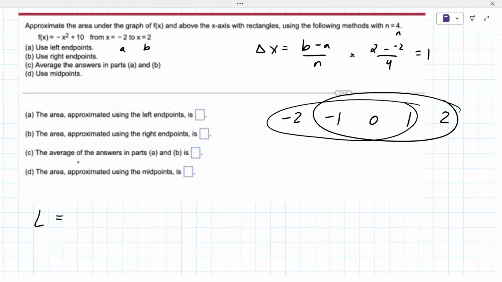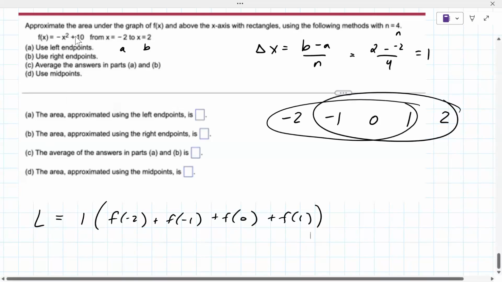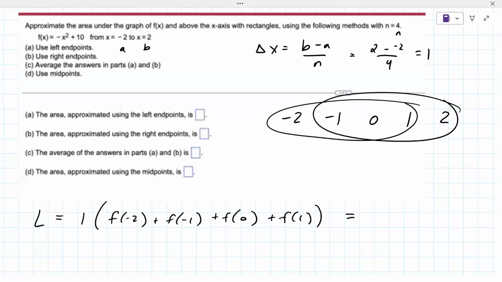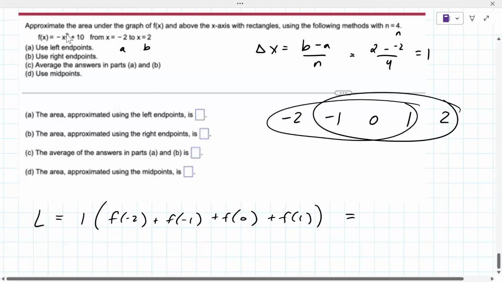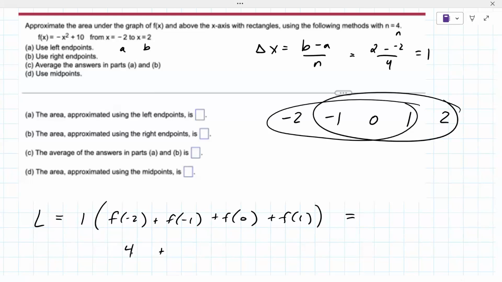So for the left, the area formula is you take your delta x, which is 1, and you find f of negative 2 plus f of negative 1 plus f of 0 plus f of 1. So it's putting those numbers back into this equation here. You end up getting 4, 9, 10, and then 9 for your left one.